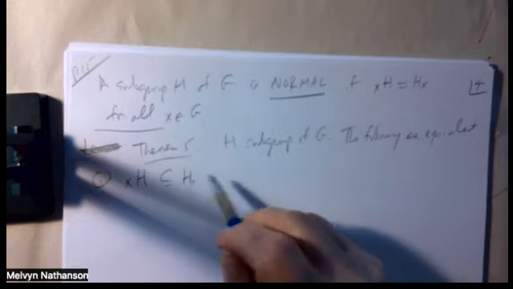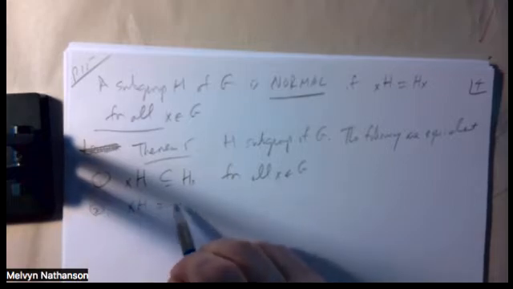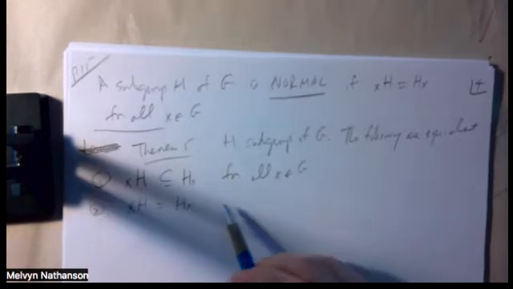The first says that the left coset xH is contained in the right coset Hx for all x in the group. Second is stronger. It says the left coset xH equals the right coset Hx for all x in G. And remember, this is the definition of a normal subgroup.